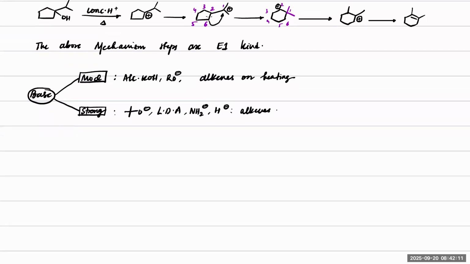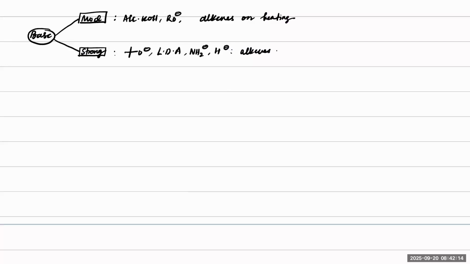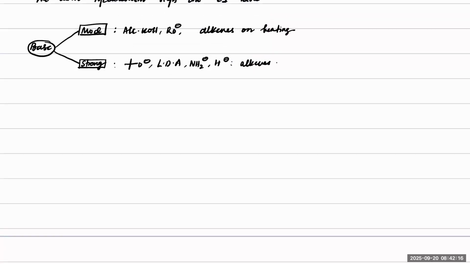Now notice, this type of mechanism is called the E2 mechanism. So in the E2 mechanism, let me take an example. Suppose I have a chlorine here and I treat this with EtO minus and heat. Or you can also write this as alcoholic KOH and heat. Both mean the same thing.